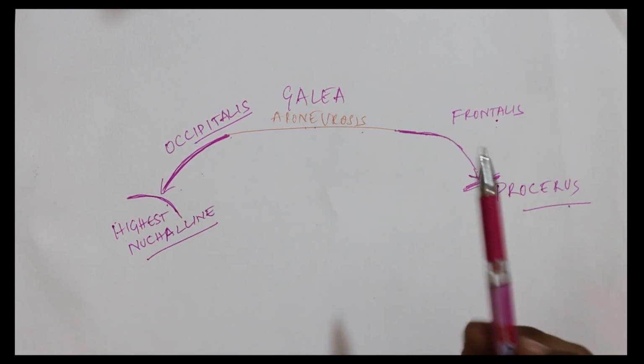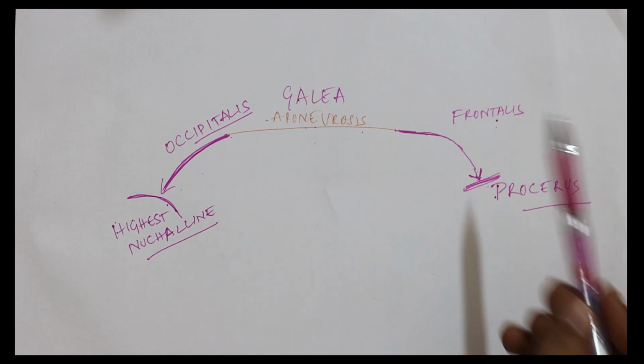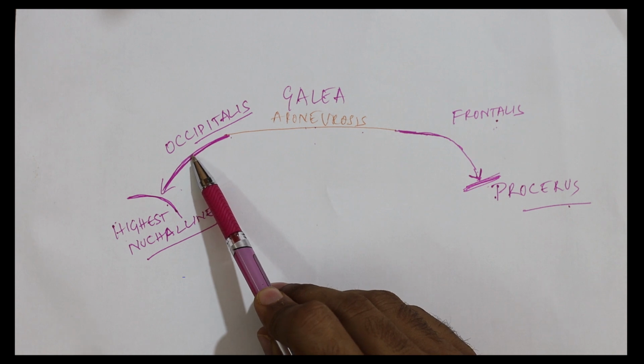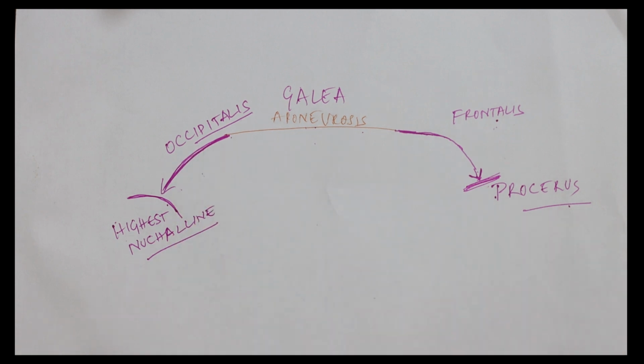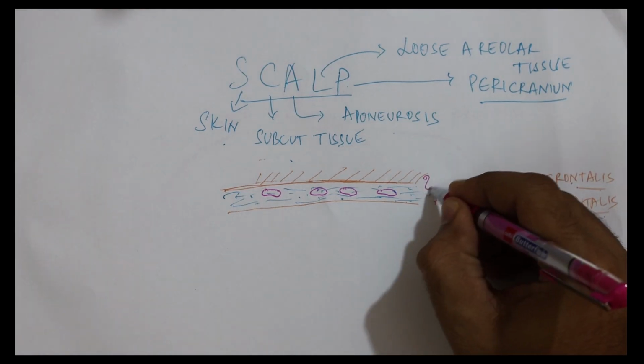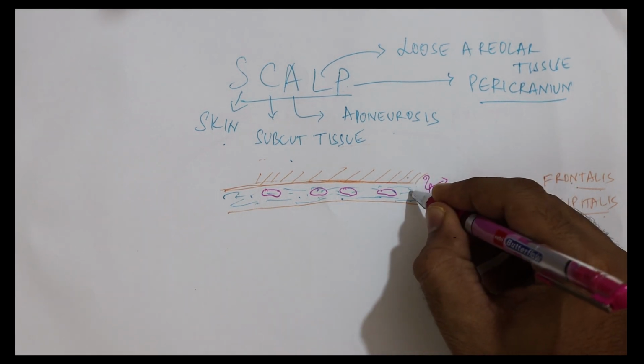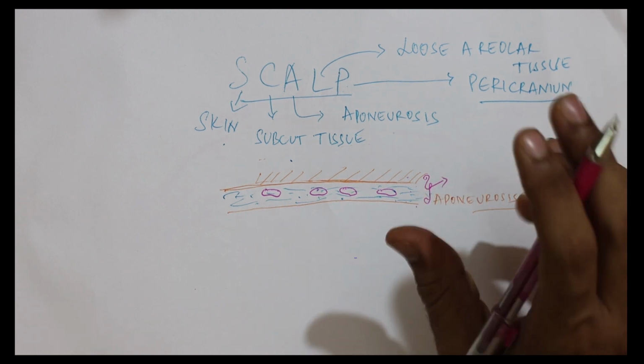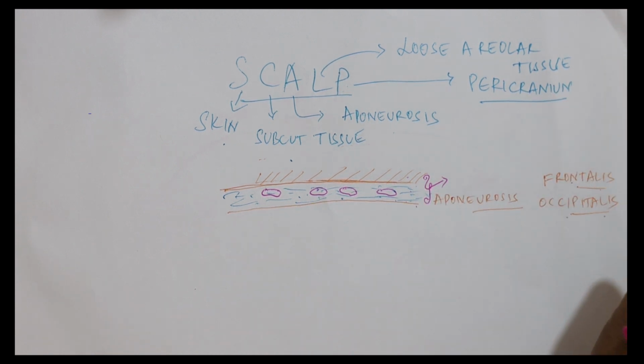So this is the third layer which contains the galea aponeurotica, frontalis muscle in the anterior part, and occipitalis muscle in the posterior part. All these 3 layers, the skin, the subcutaneous tissue, and the aponeurosis, are almost fused with each other and they move as a single unit.